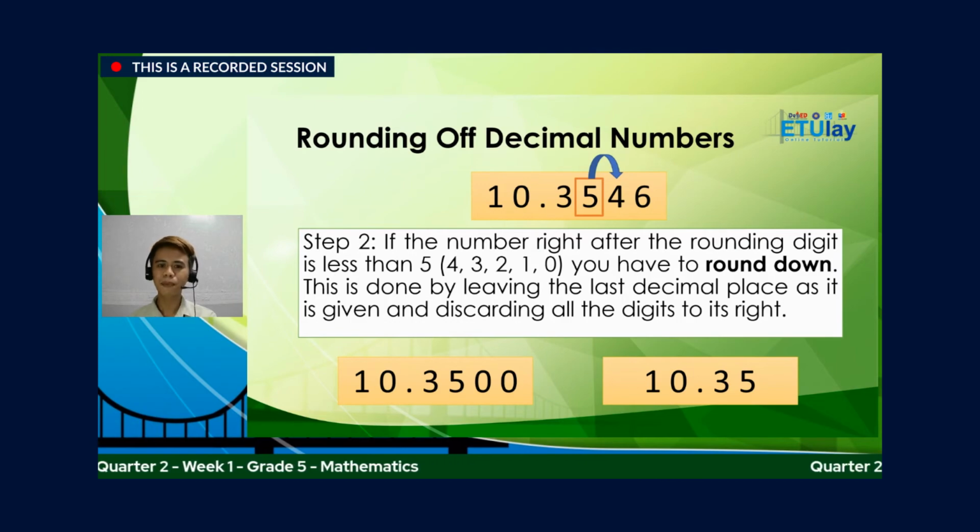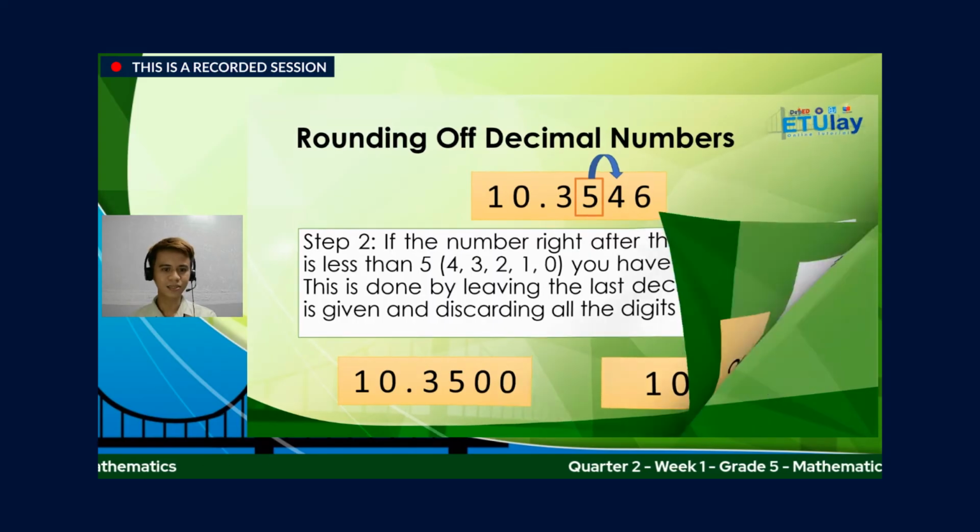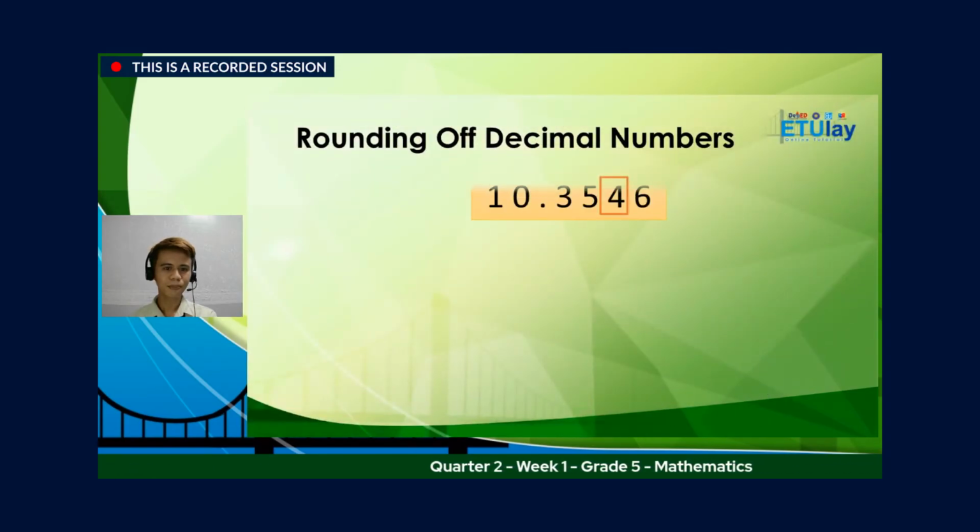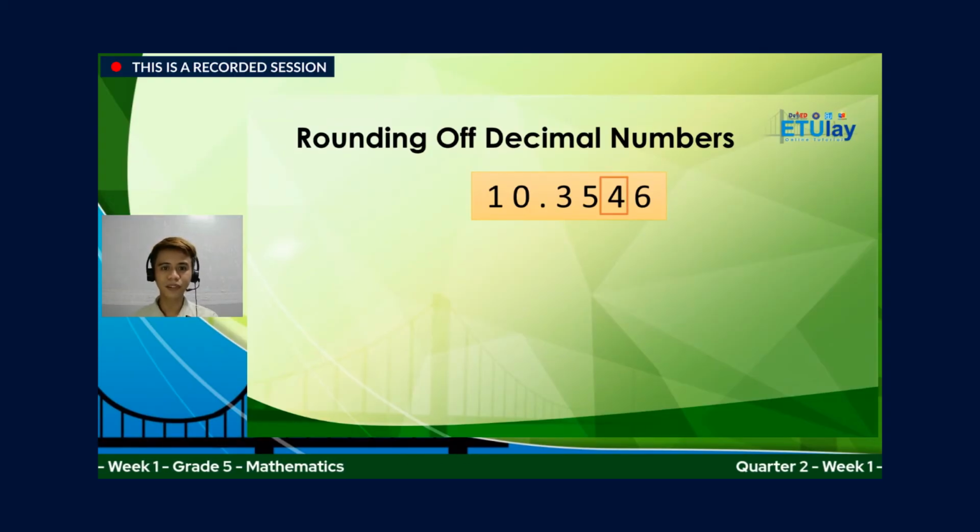So muli, kapag sinabi nating round down, kapag ang rounding digit natin, ang katabi niya sa right ay less than 5, we need to round down. We need to keep the rounding digit and discard all the digits to its right. Paano naman kaya kung ang case natin ay yung more than or greater than 5 naman siya?